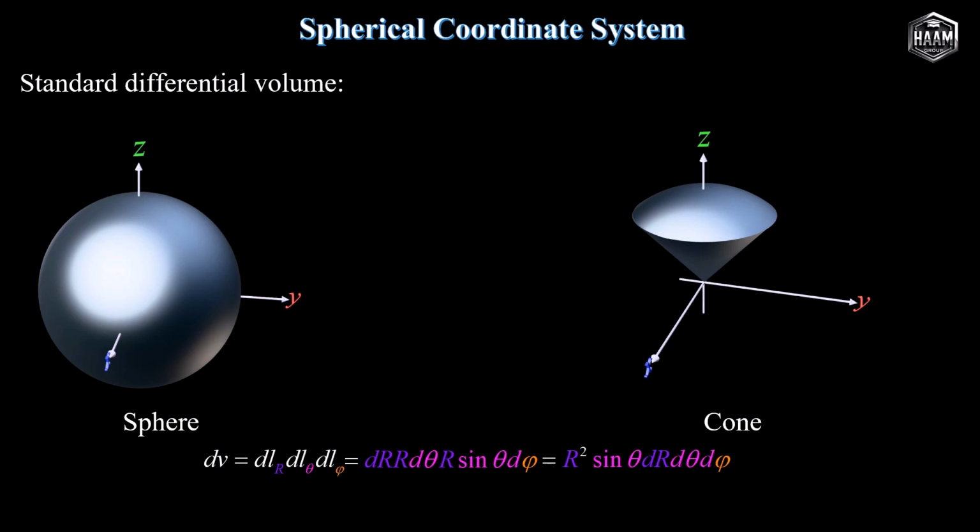We can determine the ranges of theta, phi, and capital R and substitute them in, and by integrating dV we can compute the volume of the sphere or the volume of the cone or any volume of this coordinate system.